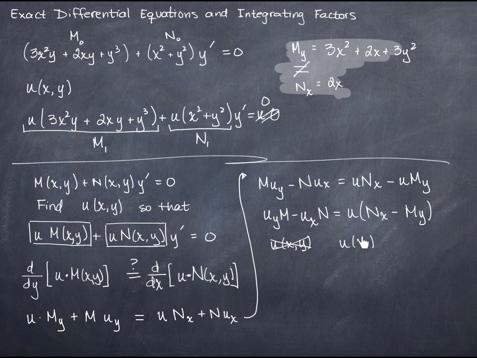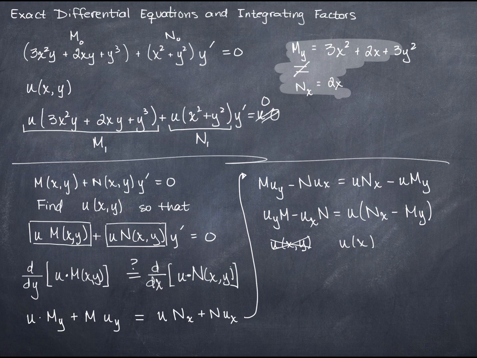Okay. Now, when I take the partial derivative of u with respect to x, I get whatever I get. But when I take the partial derivative of u with respect to y, all the x's in that function, their derivative is 0. We're going to hold them constant. So that would make my equation here, this statement that I'm trying to use to find a way to describe u, where I've set these two derivatives equal to each other, I've now placed a restriction on u.